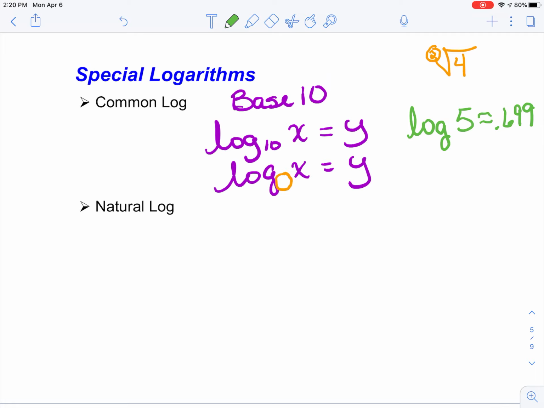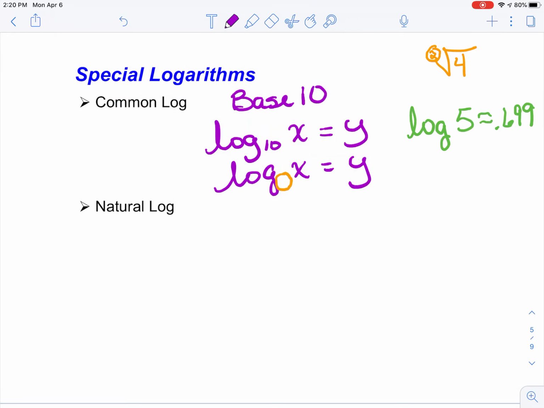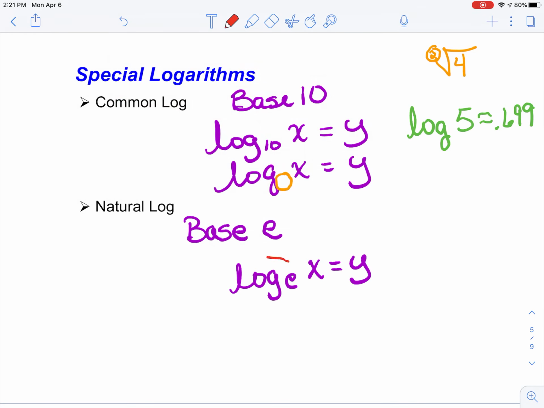The next special logarithm is a natural log. The natural log is a base e. So if we have log base e of x equals y, they thought that this one is so very special, they actually made this part different.